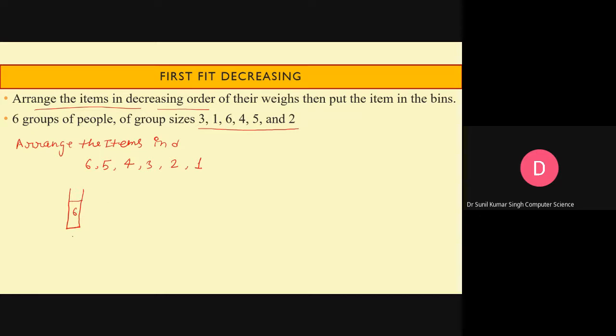Now 5 cannot come into this bin, so we have to go for another. So 5 will come here in M2, and then 4 will come here.